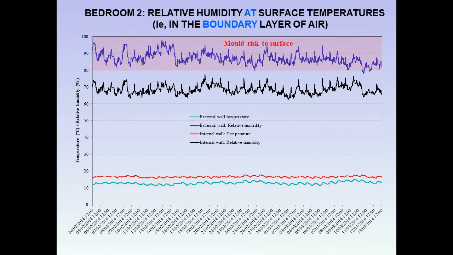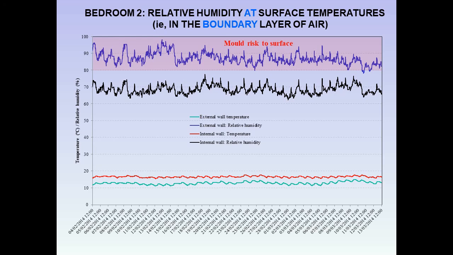And again, relative humidity at the surface temperatures. Remember, surface temperatures of walls are usually colder, and we have here risk of mould to the surface in the external wall. RH is running again somewhere just below an average of 90.